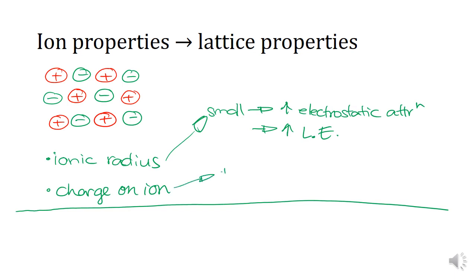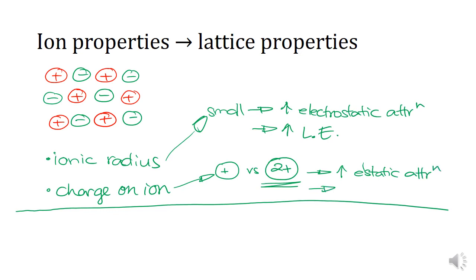If you compare a 1 plus ion versus a 2 plus ion, so a sodium lattice compared to a calcium lattice, that increased charge is again going to increase that electrostatic attraction, which is going to lead to an increase in lattice enthalpy. So something like calcium oxide is going to have a larger lattice enthalpy than sodium oxide, which is going to have a larger lattice enthalpy than sodium chloride.